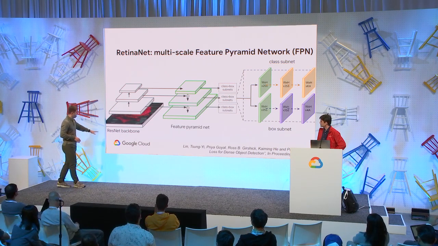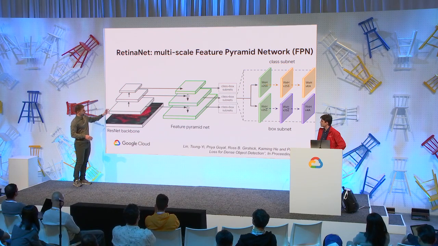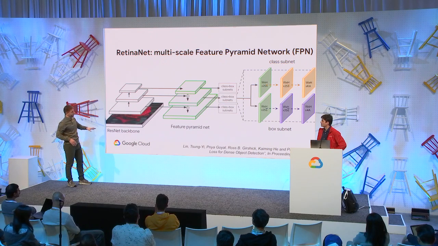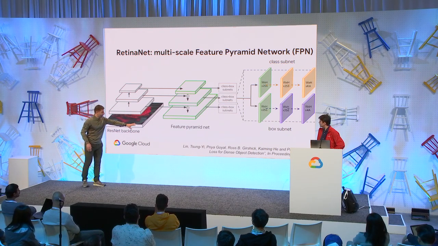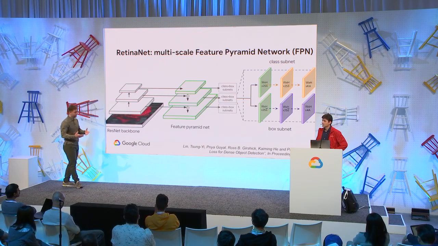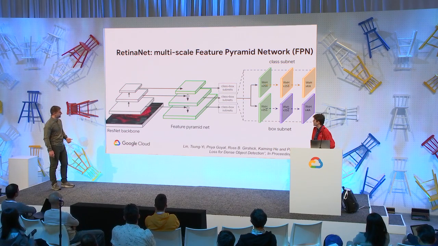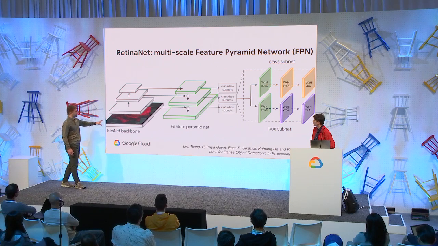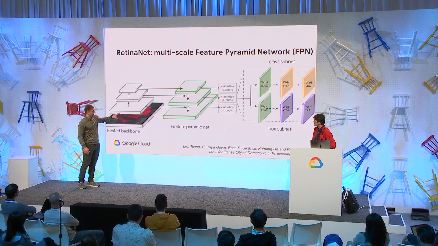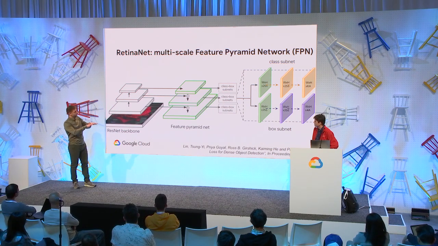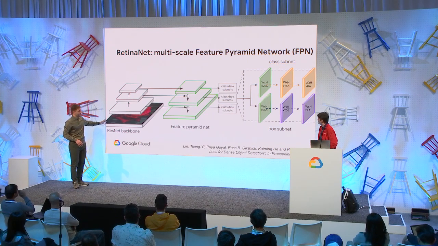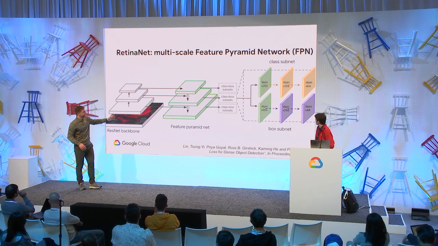By having the natural structure of the ResNet pyramid, we generate multiple layers of representation, and this is called a feature pyramid network, an idea that was also introduced in the paper on feature pyramids.